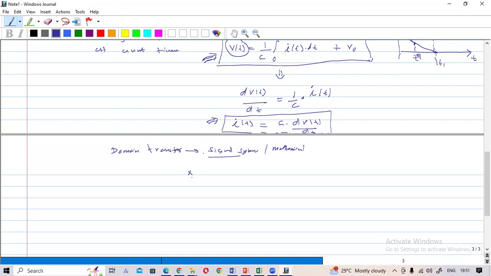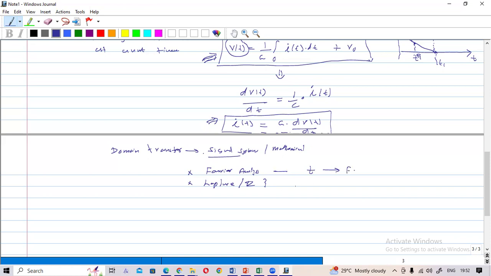So basically, maybe you can remember we are learning two types of transformation. One is Fourier analysis. Another is Laplace transform, or Z transform. In Fourier analysis, we can convert a time domain signal into the frequency domain.